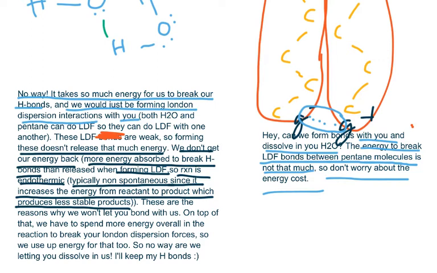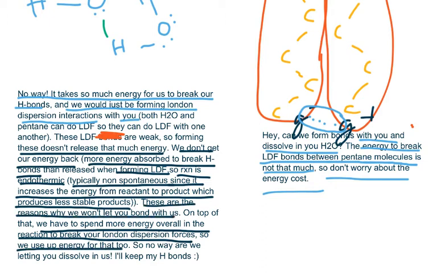And on top of that, we have to spend more energy overall in the reaction process to break your LDFs, so we use up energy for that too. So these are the reasons why we won't let you bond with us.